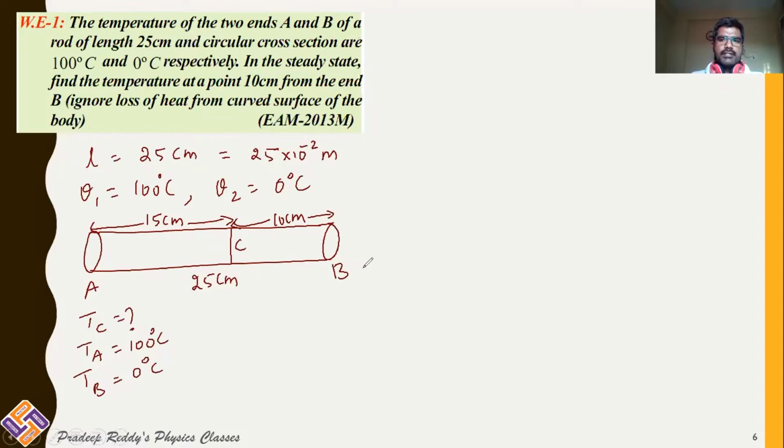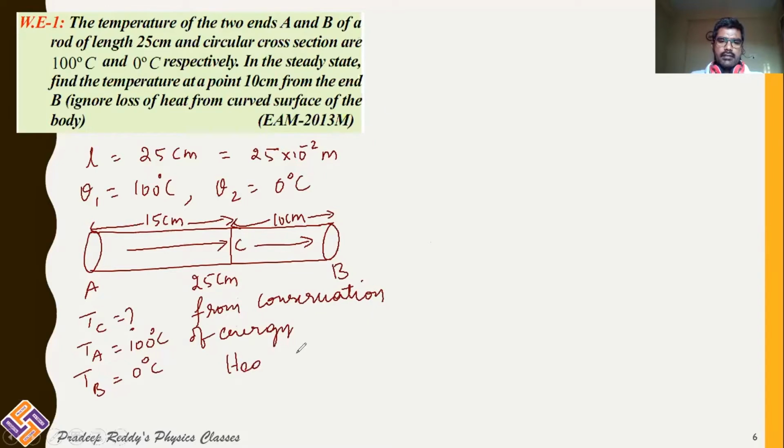Now what actually happens is, whenever heat current is flowing through this wire, whatever current is entering into C, the same current should leave from C. From conservation of energy, heat entering is equal to heat leaving.